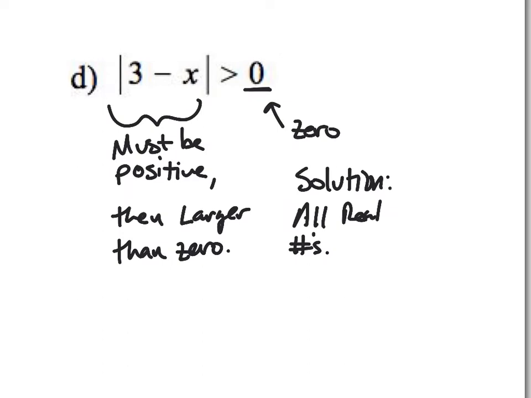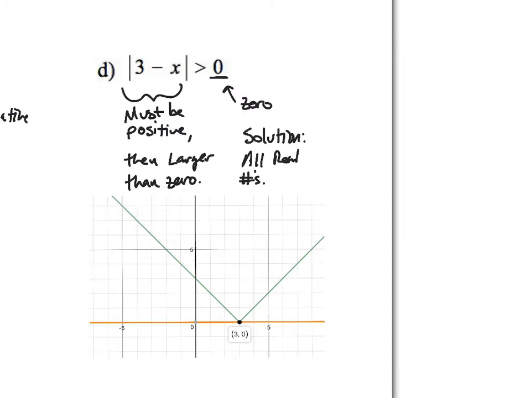And let's take a look at the graph on this. If we look at the graph, what I notice is that here's my graph of the absolute value of 3 minus x, and there is a point when you plug this in and you do get 0. So you are not actually greater than 0.